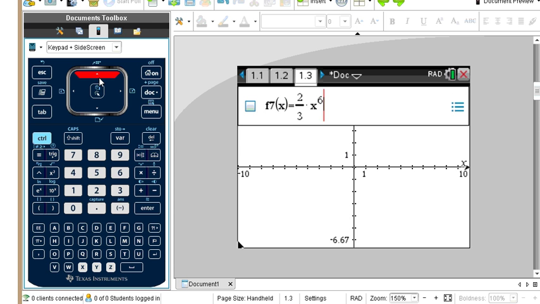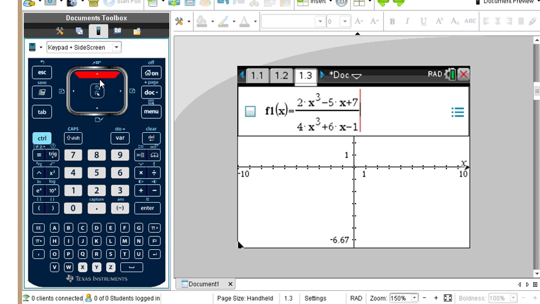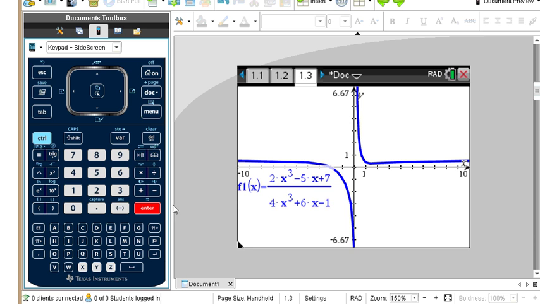Right here, this is the preloading. So I press enter, and this is what the function looks like.